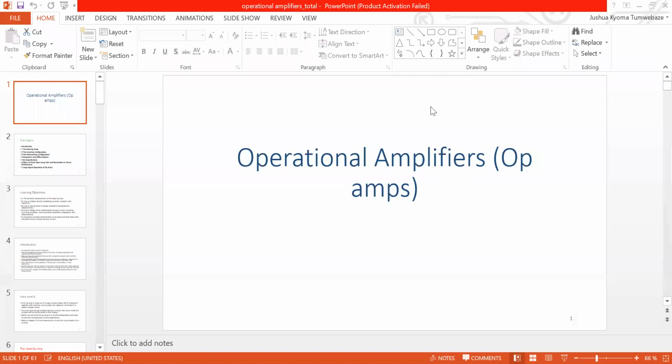Now, I want to briefly give you an introduction to operational amplifiers. Here, I'm assuming that you already have the notes or the slides, and you have even looked at them. So to make it faster, we'll just highlight a few of the important things. At this point, let me ask, are there any questions?